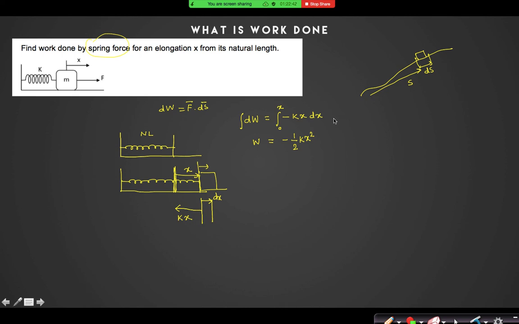In that small displacement, I am talking about dW, not W. Yes, I have assumed the force to be constant during that small displacement. Otherwise, the force is different at different values, so how can I multiply? For that small displacement you calculate the work done and then integrate. I am finding dW, not W. So the work done is minus half kx square. Yes or no? Yes sir.